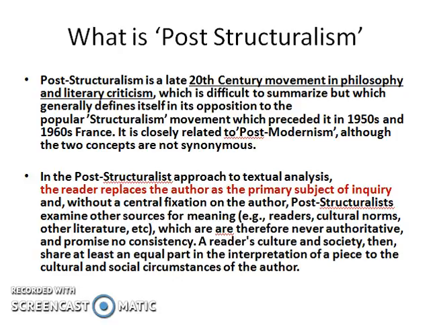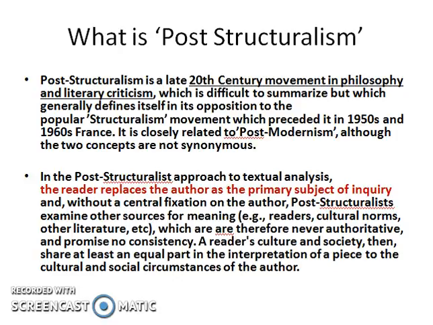Without a central fixation on the author, post-structuralists examine other sources for meaning. For example, meaning can be located in the minds of the readers, in the schema, or the cultural norms, or other literature, or how to identify literature, and things like that, which are therefore never authoritative and promise no consistency.